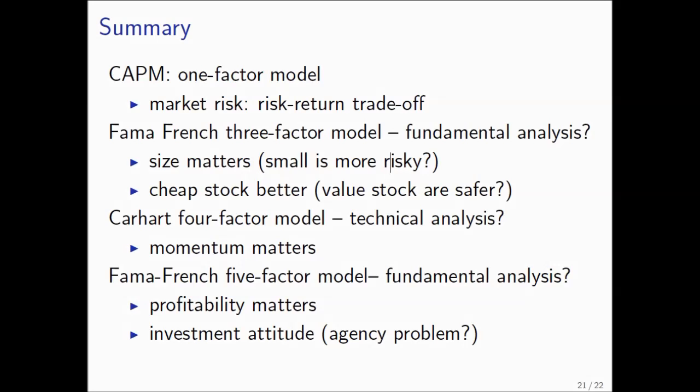And cheap stock is better, meaning the value stock is good, it's not overbought. The three-factor model is extended to the 4-factor model, which is like technical analysis, including momentum. But the 5-factor model goes back to fundamental analysis, considering that profitability matters, and how the agency problem is captured by the investment attitude. So this is the end of the factor model. Thank you for listening.